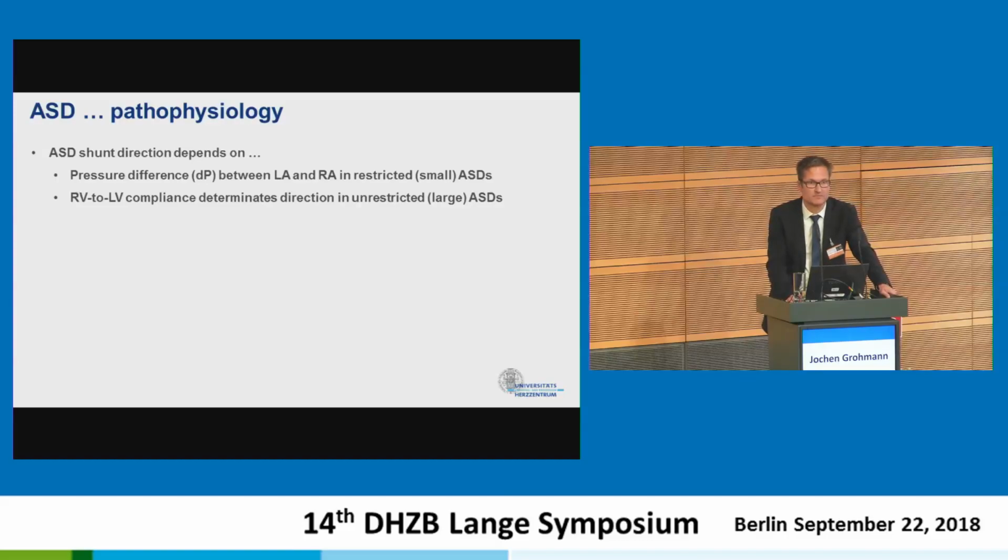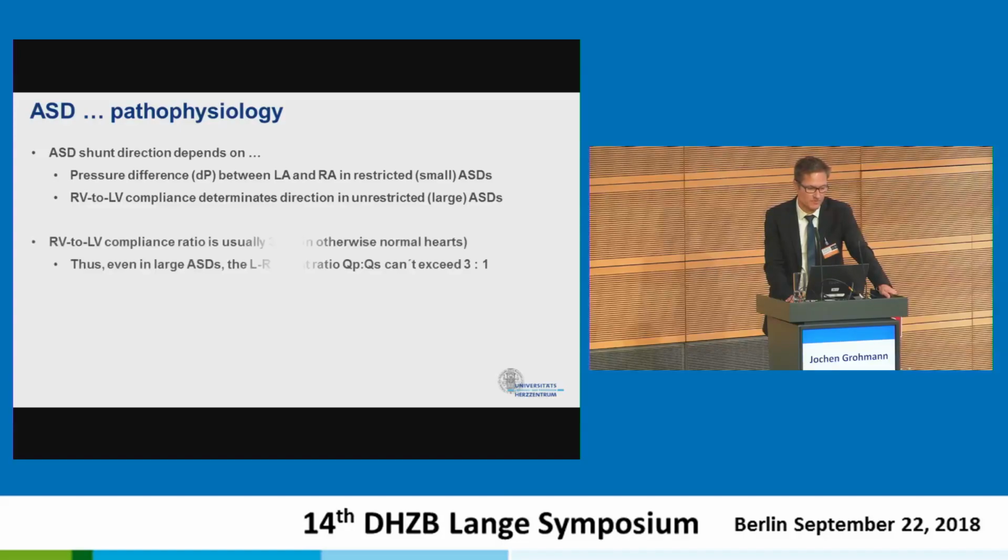Besides the anatomy and the size and location of the ASDs, the direction depends on the pressure difference between left atrium and right atrium if the defects are small. And this is otherwise in unrestricted large ASDs, where the RV to LV compliance determines the direction.